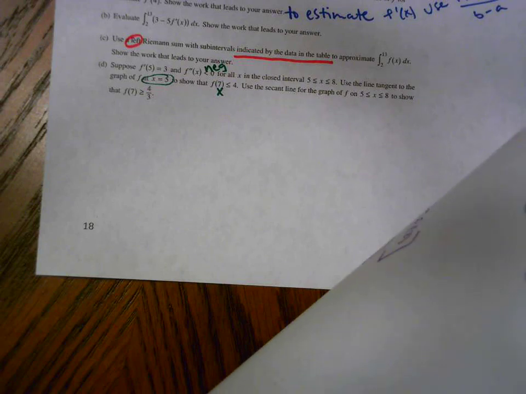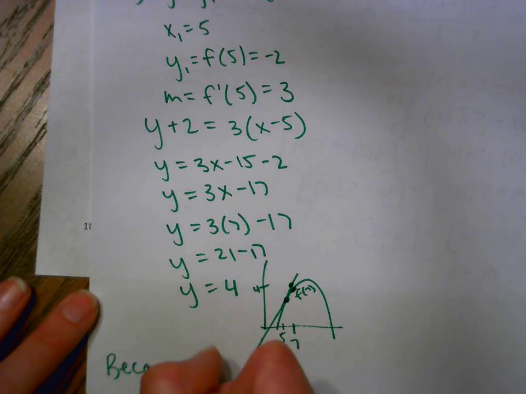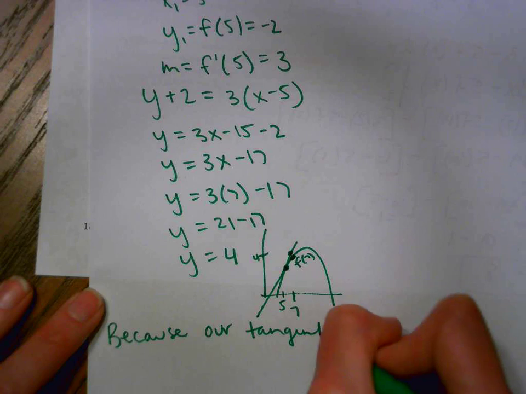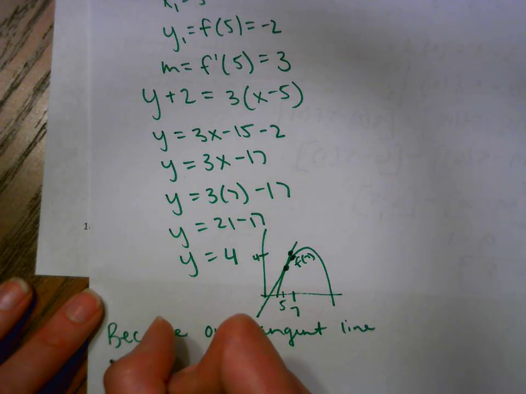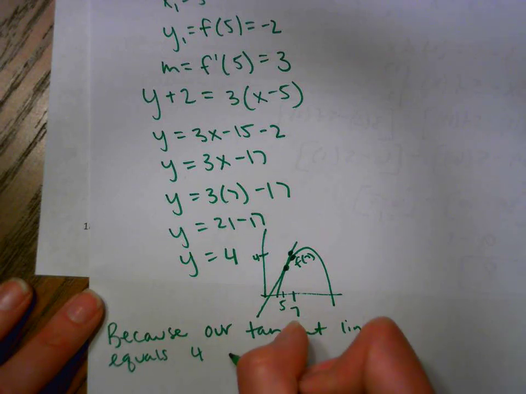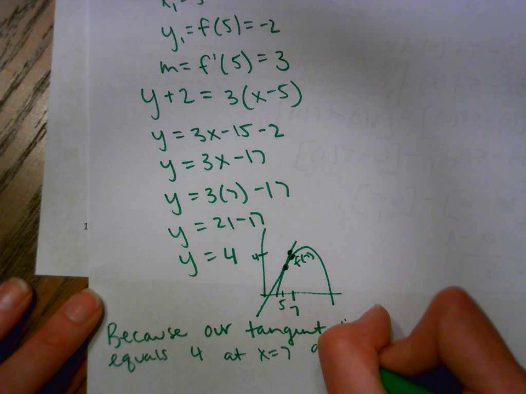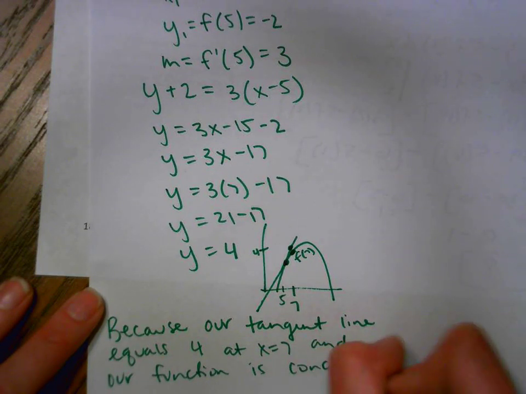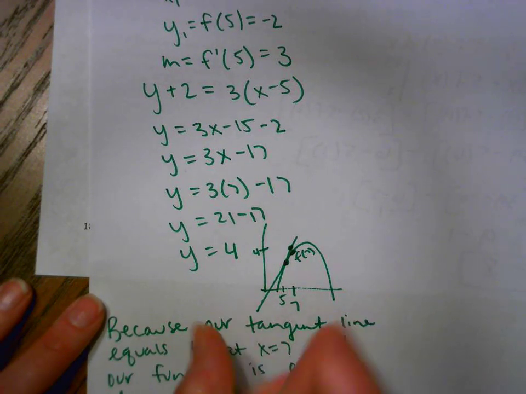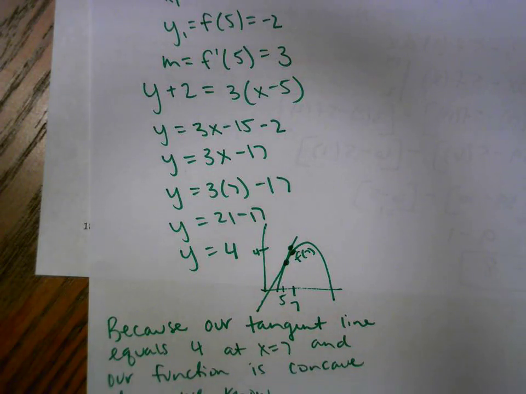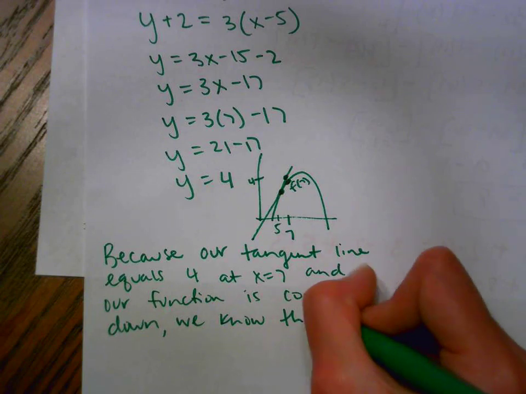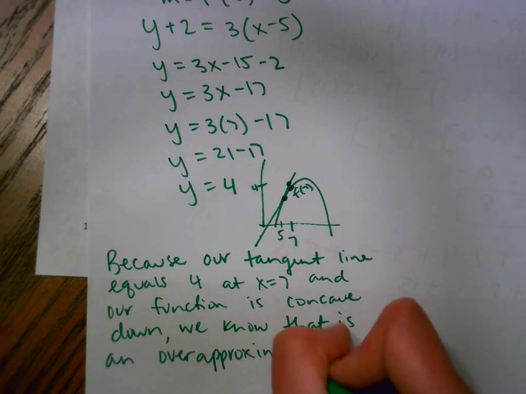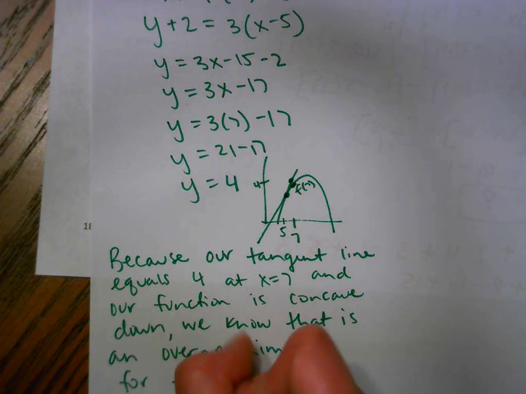So what we'll say is, because our tangent line equals 4 at x equals 7, and our function is concave down, we know that is an over approximation for f of 7.